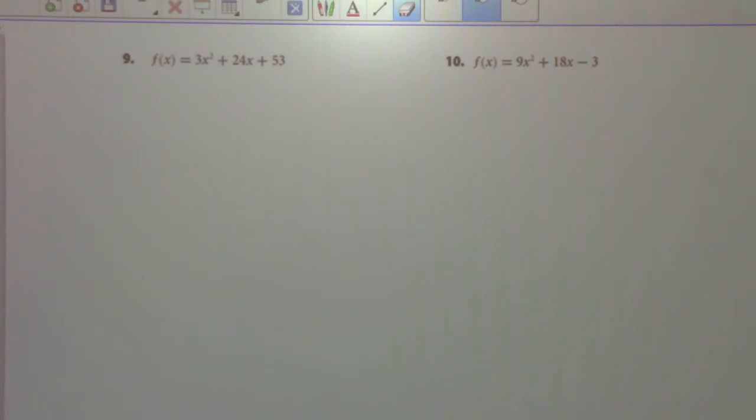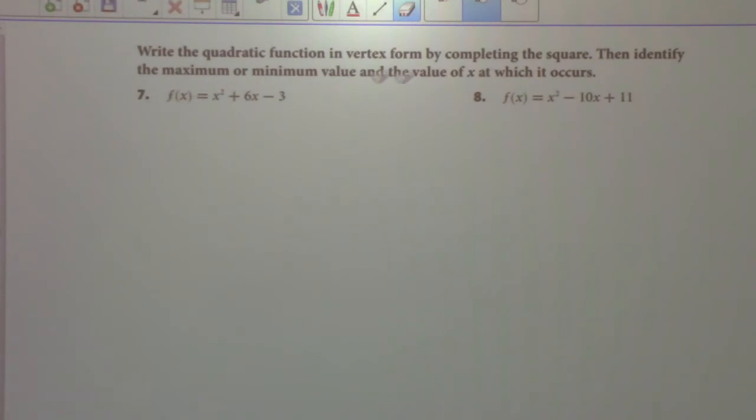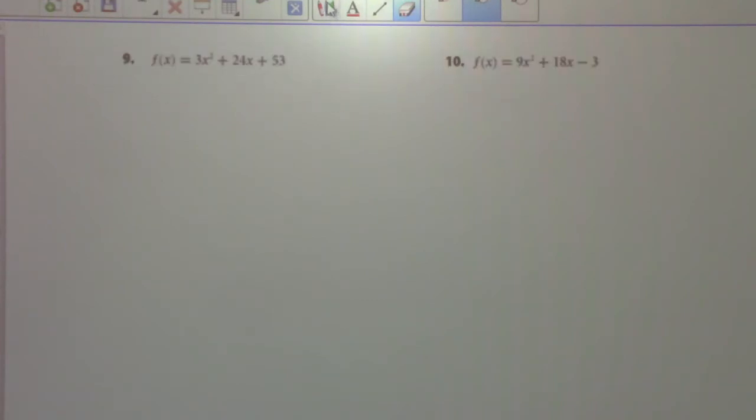We're going to resume where we left off yesterday, which was on completing the square. After having done numbers 7 and 8 yesterday, we looked ahead briefly at 9 and 10 and noticed that there was what in 9 and 10 compared with 7 and 8?